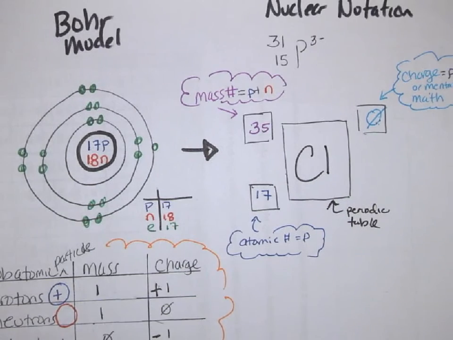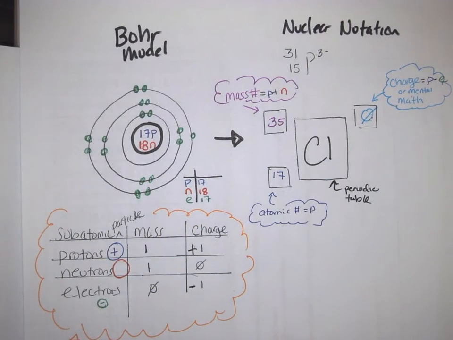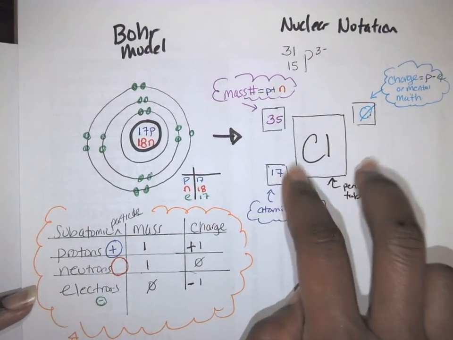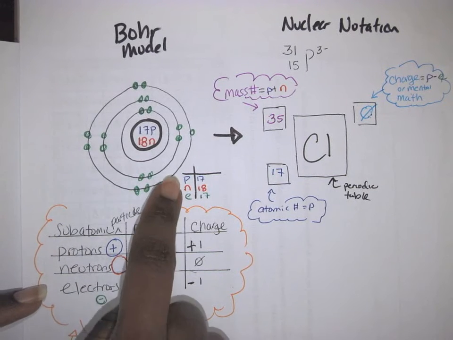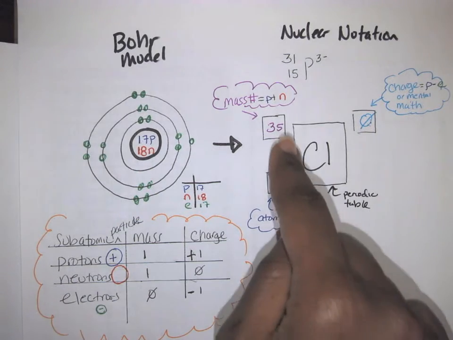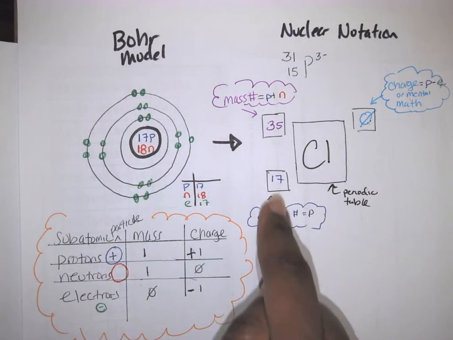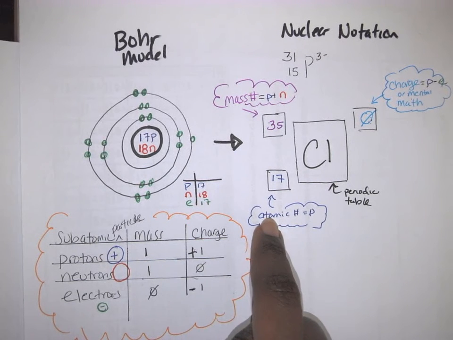All right, let's recap what we did here. In order to answer this question, if you want to write the nuclear symbol, the nuclear notation symbol, you need to know the number of protons, neutrons, and electrons. That we have listed here, and we got that from the Bohr model. Then in your symbol, there are two numbers on the left-hand side. For the lower left number, that's the atomic number, you just use the number of protons.